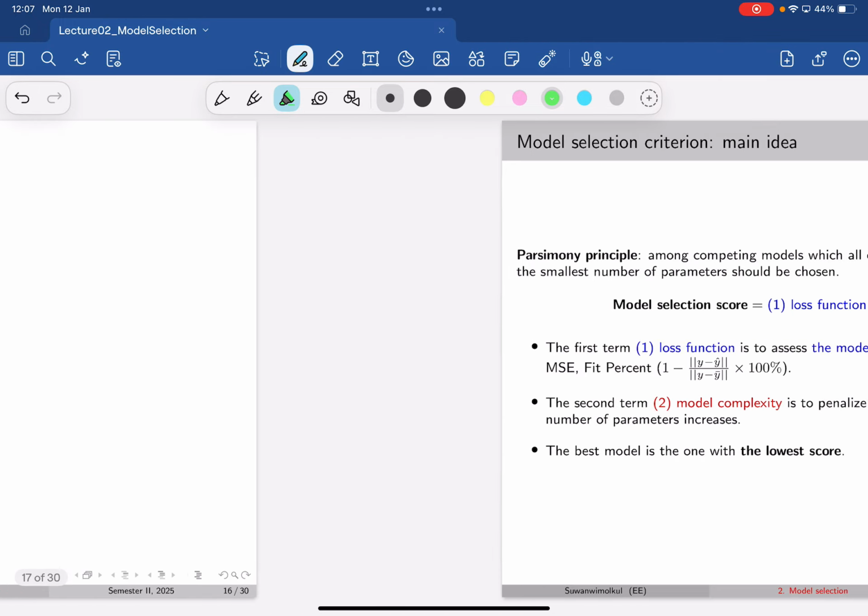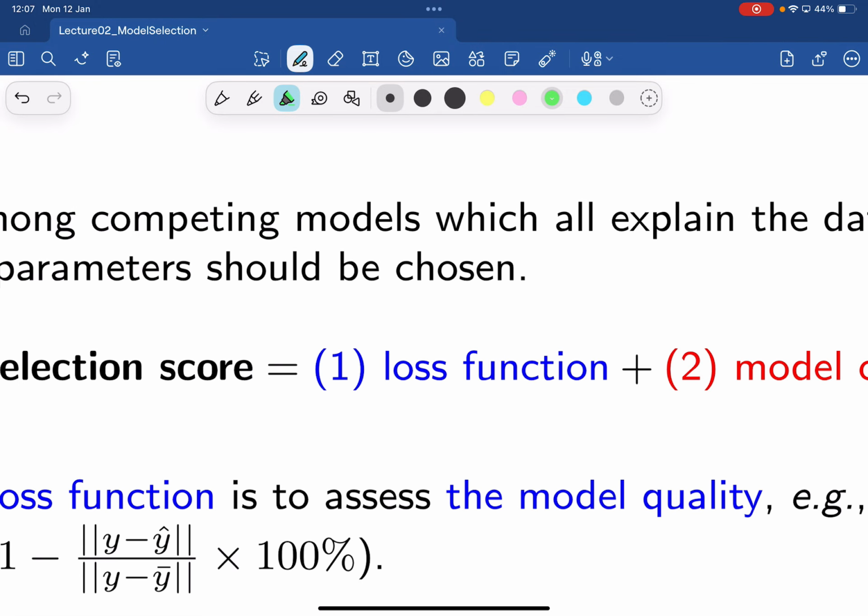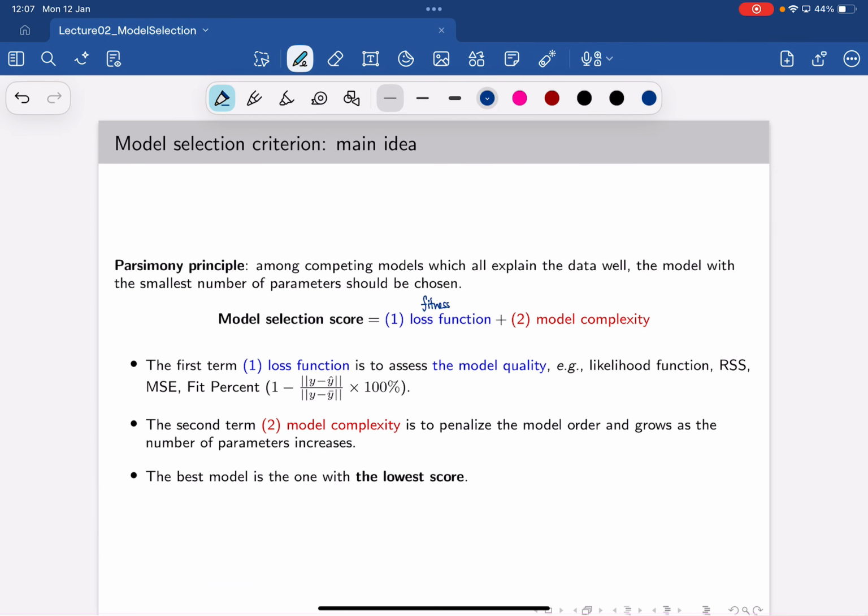Right. So model selection scores are scores that have a loss function, which is used to measure how well your model is fitting the data set. Or in other words, it's more like testing your fitness. And another term is the model complexity.